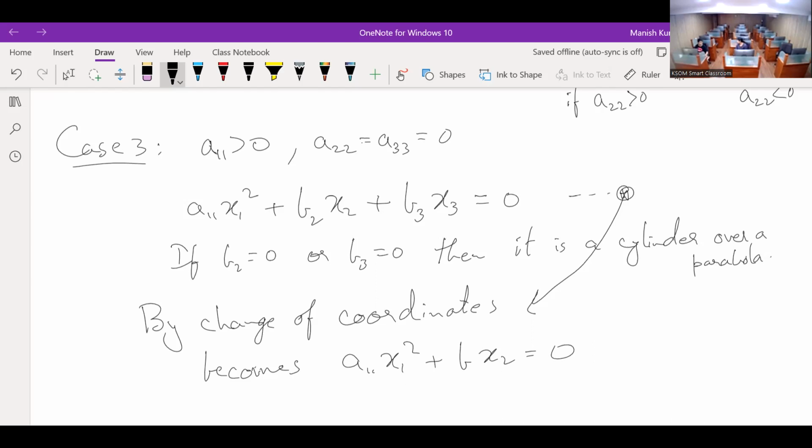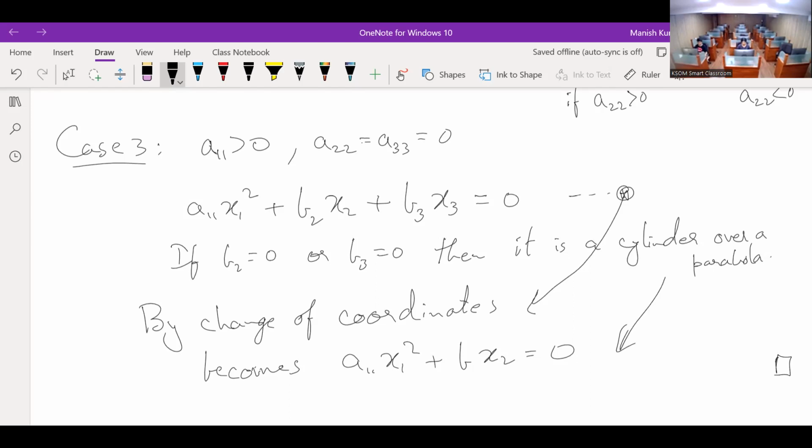So you do the change of coordinates: B2 x2 plus B3 x3 is your new x2 prime, and x3 prime is something orthogonal to that, perpendicular to that in the x2 x3 plane. And x1 you don't change anything. So that is the transformation you have to do. So this is again a cylinder over a parabola.